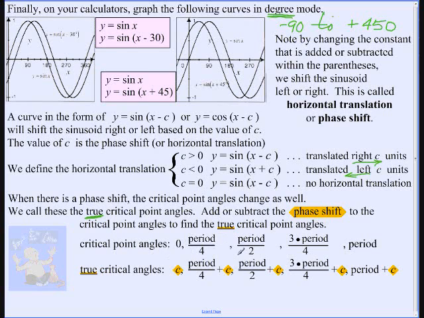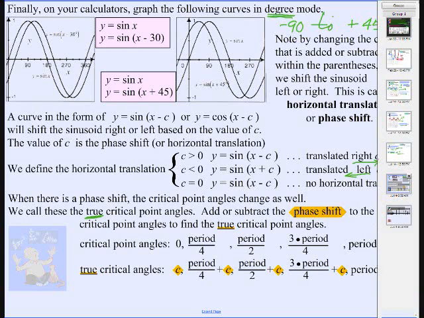So you start as you always did with critical point angles, and then to get the true ones where they're actually going to land on the graph, you add whatever that value of c is. It could be a negative or it could be a positive. So why don't you pause right now and go ahead and do both of these.